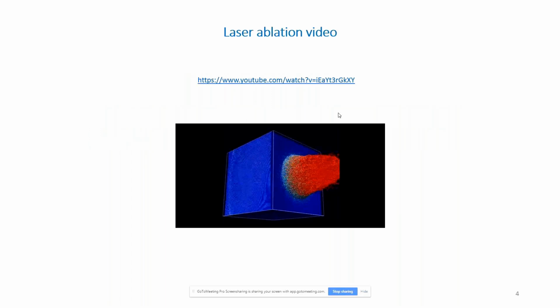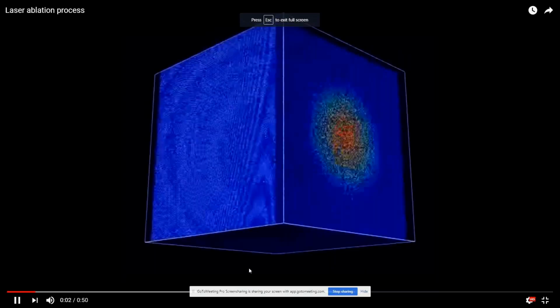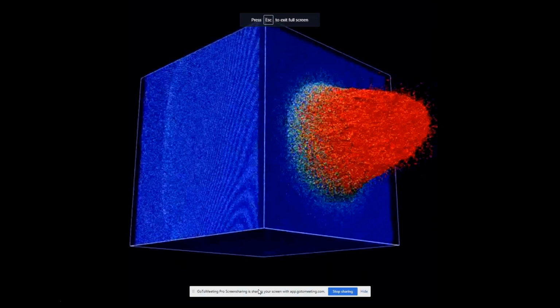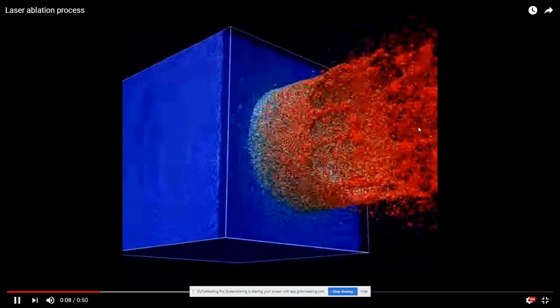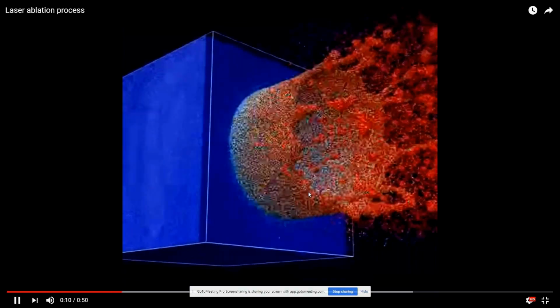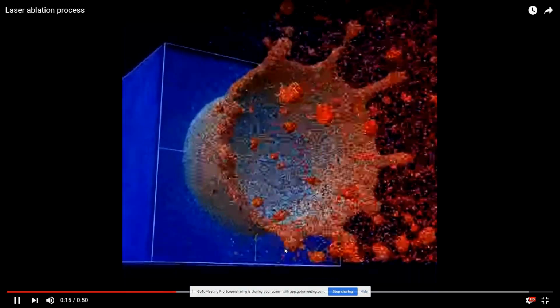So here we have a laser ablation video. It's an animation that shows how the laser ablation takes place. So let's take a look at this. So you see that the material is being irradiated by a laser beam, and all these atoms and particles are being vaporized, and they just are ejected into space.